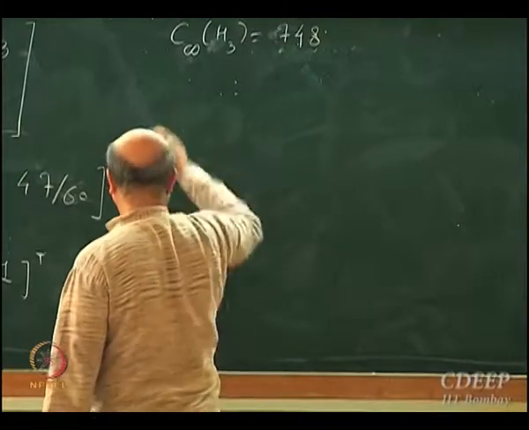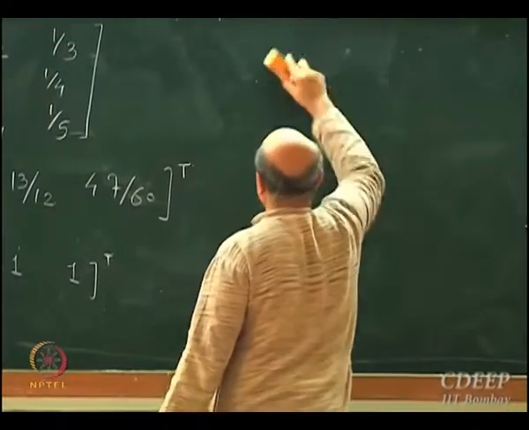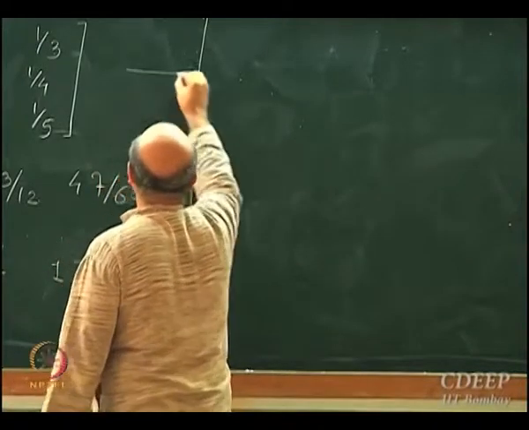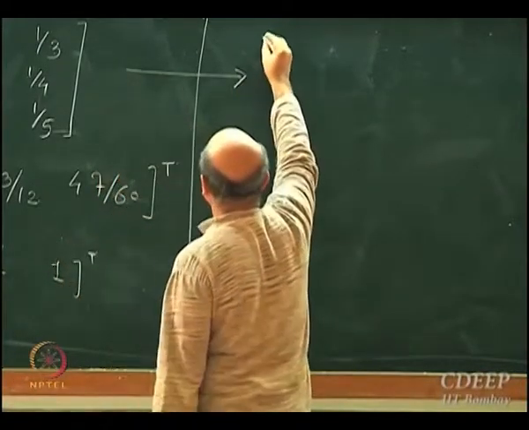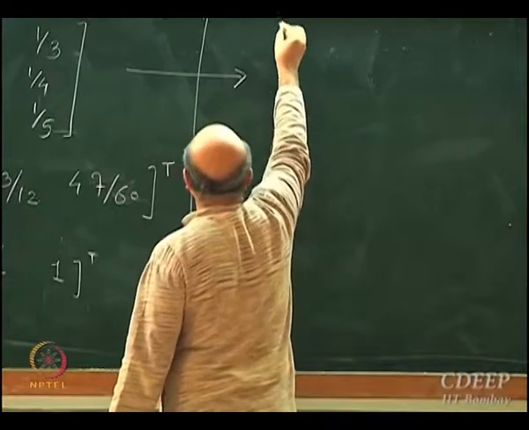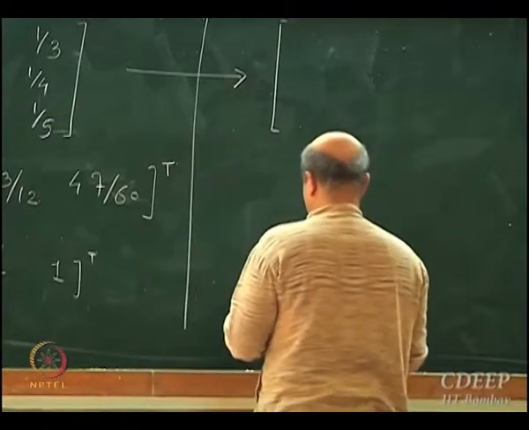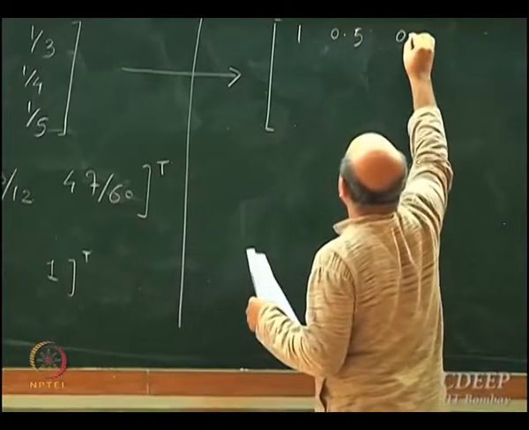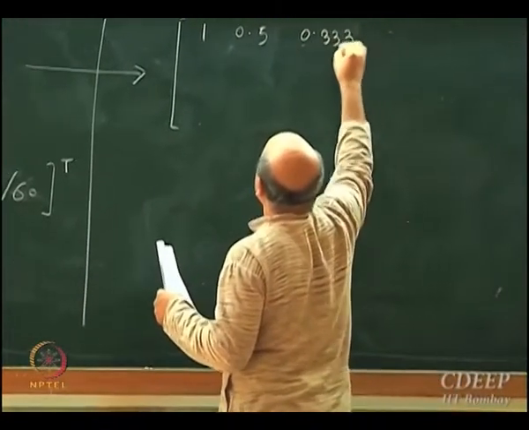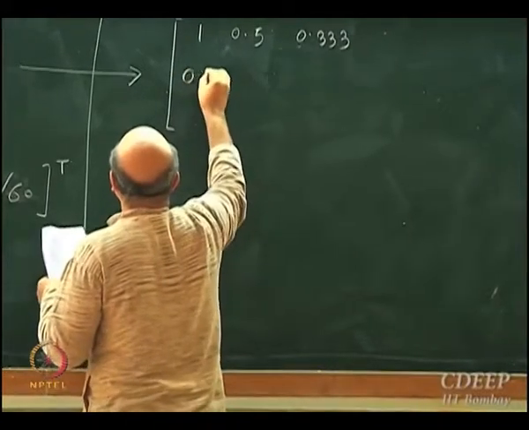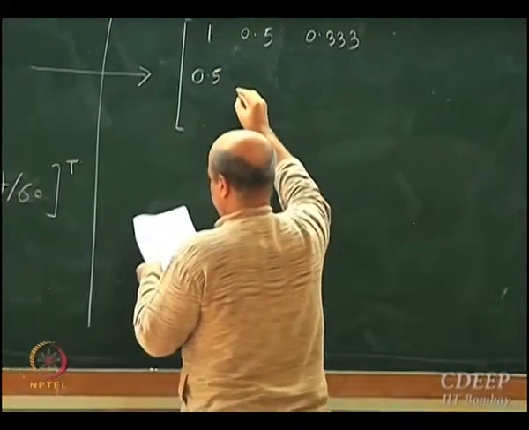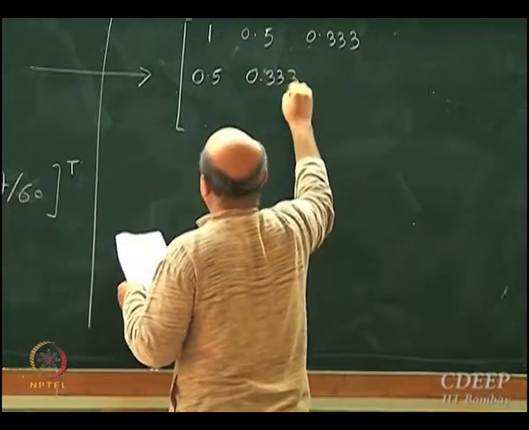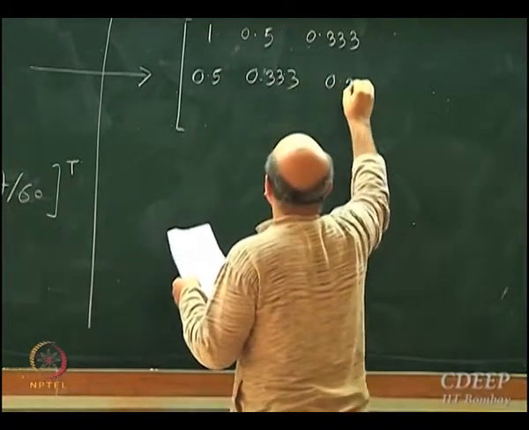Instead of solving the original problem, we solved a slightly modified version of this problem, with entries 1, 0.5, 0.333, 0.5, 0.333, and 0.25.